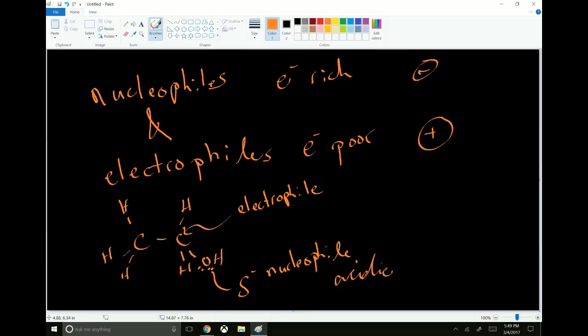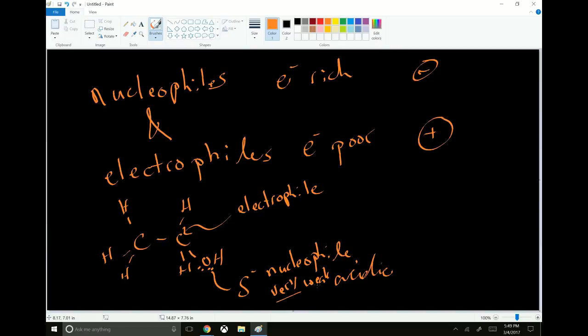At the very least, it's going to be somewhat acidic. And it is. It is a very, very weak acid. And you would expect the carbon bound to the oxygen to be very weakly basic. And in a way, it is. When I say very weakly, I mean very, very weakly basic.